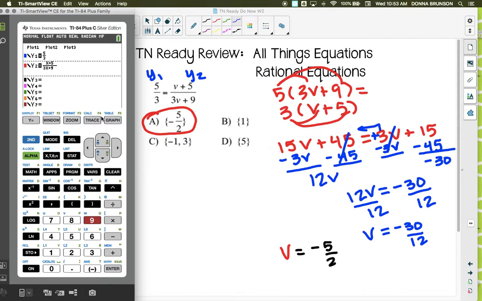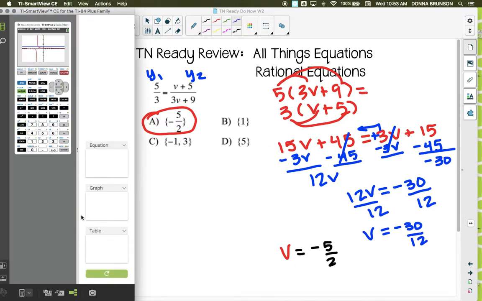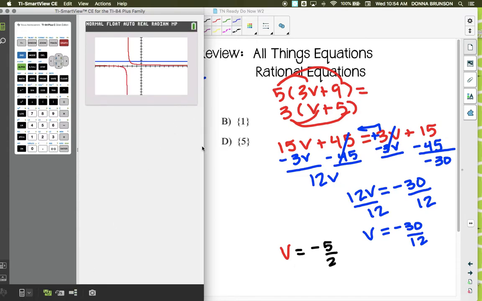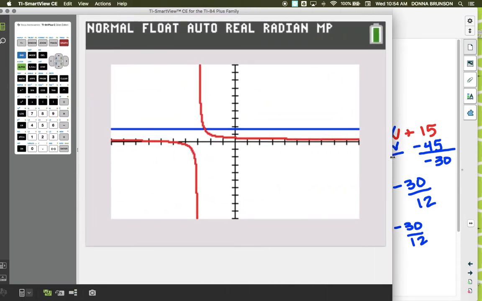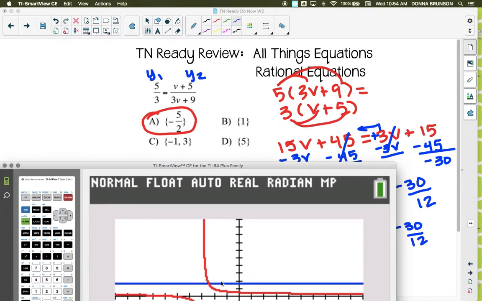All right, when I hit graph, I'm looking for that place where they cross. So let me make my graph a little bit bigger for you so you can see it. All right, so I know that right here is my intersection. So I could use process of elimination, and I could go back to my other answer choices, and I can say, okay, this is clearly on the negative side of my graph.